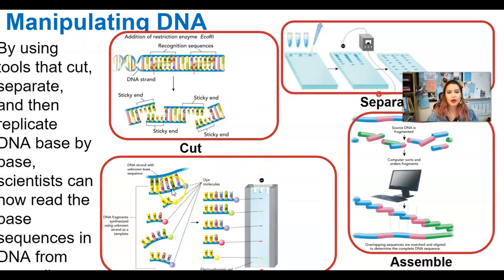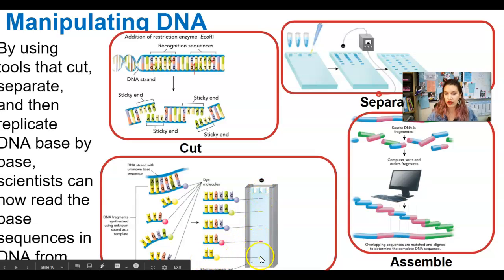Okay, right here you'll see DNA fragments that are synthesized using an unknown strand as a template, and we have these dye molecules on the ends of each of the bases where they were fragmented or cut. What ends up happening is that the smaller pieces, like right here, see how this piece is smaller?